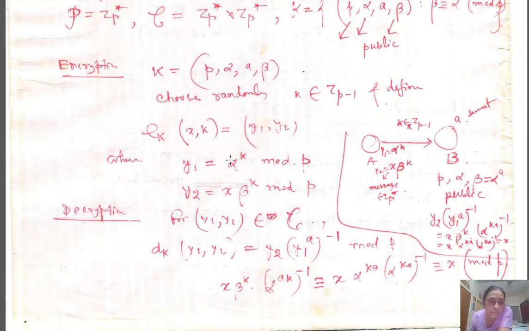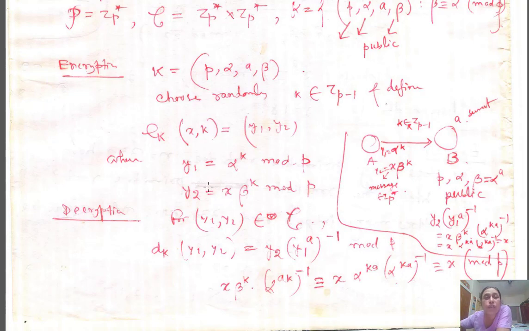Now b is publicly available, and the plaintext space is also available, so he can check all the possible plaintexts, raised to the power b, and see which value gives the ciphertext. That way he can recover it.